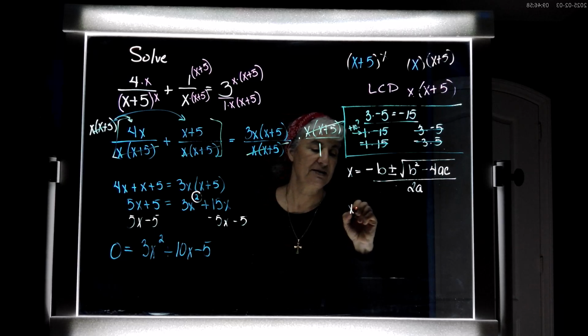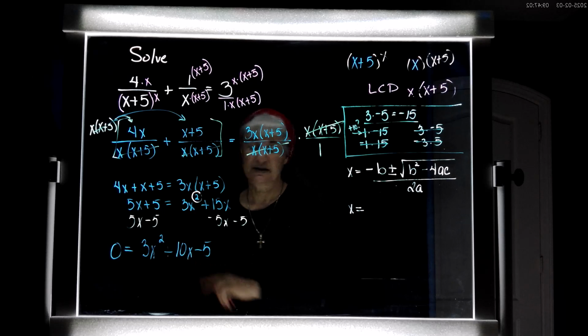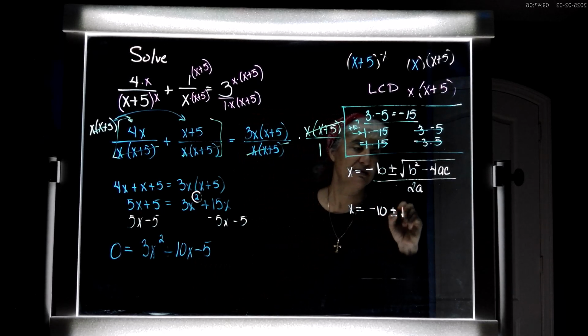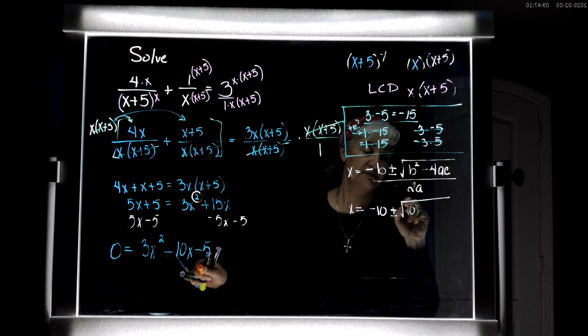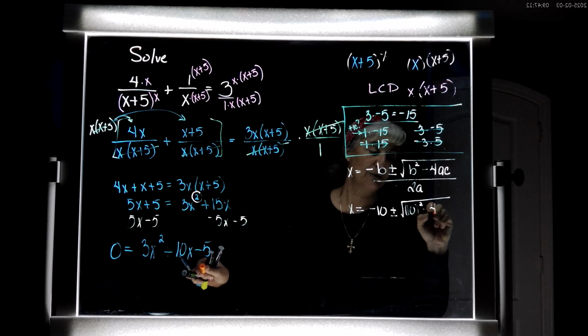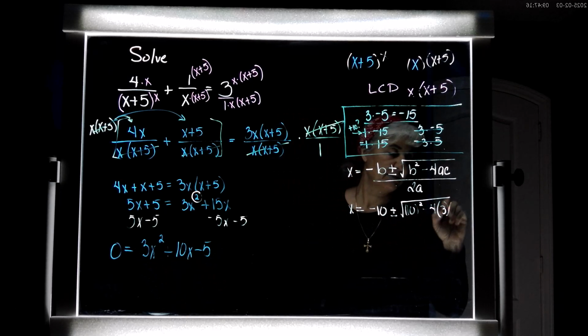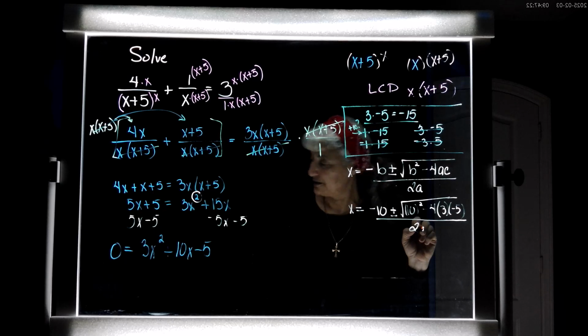Okay, so in this case, and remember it's in order, a, b, c. So I've got a negative 10 plus or minus the square root of 10 squared minus 4 times 3 times negative 5 all over 2 times 3.